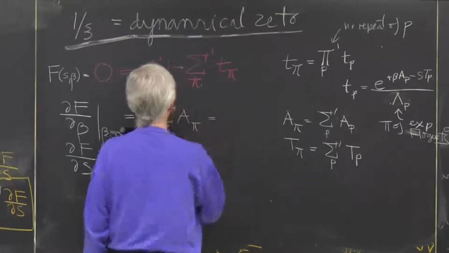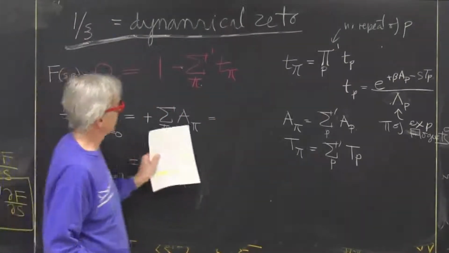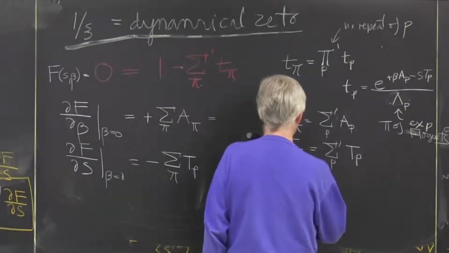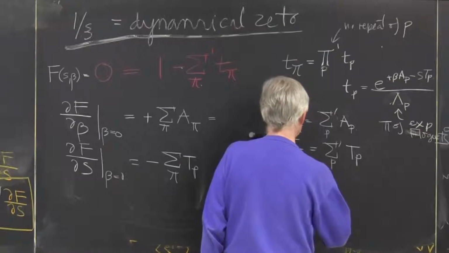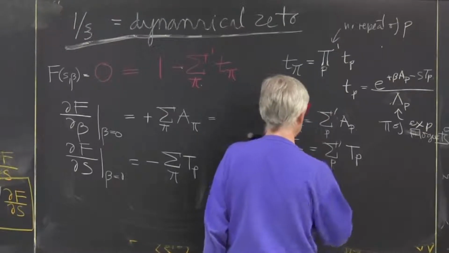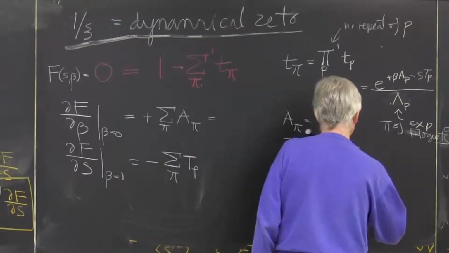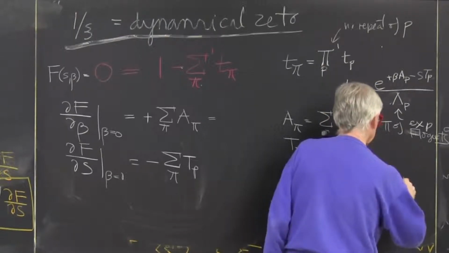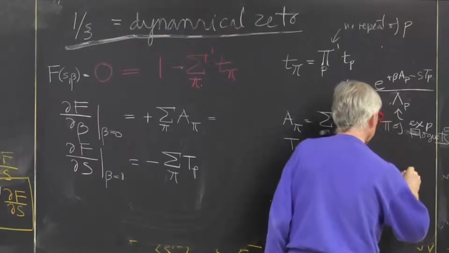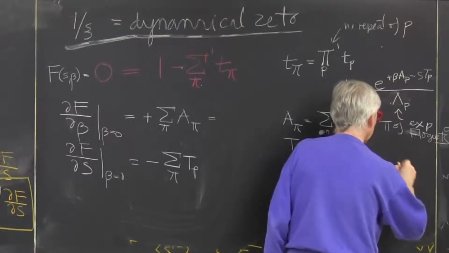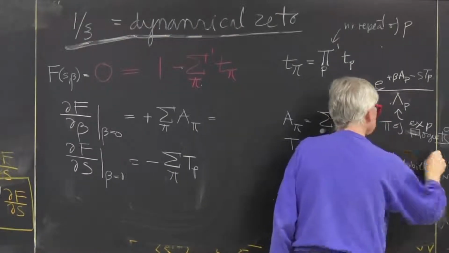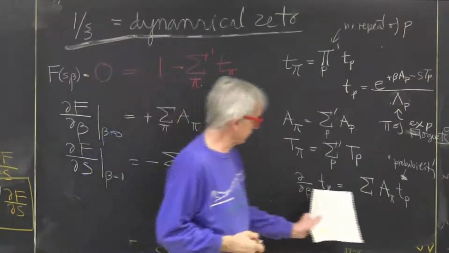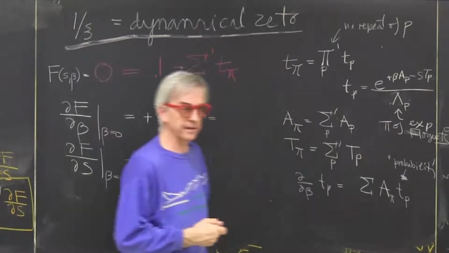and before we set beta equal to 0, what are these objects? When I take the beta derivative, this is the sum of A for the pseudocycle times the weight of the pseudocycle. So that looks like a probability. And we can make it into a probability because there is a sum rule that says the sum of these weights must add up to 1.